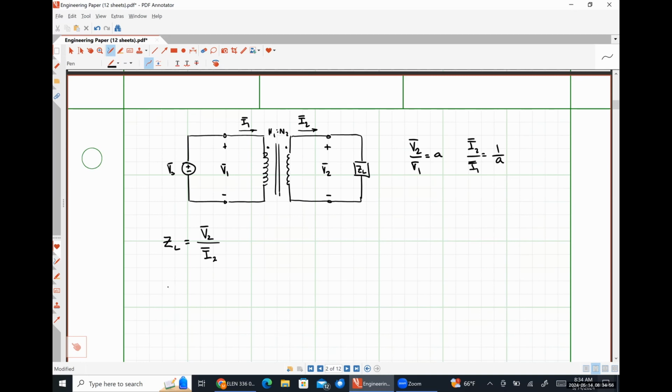We are going to call ZL prime our reflected impedance. Specifically, we're defining things from reflecting our impedance from the secondary to the primary.